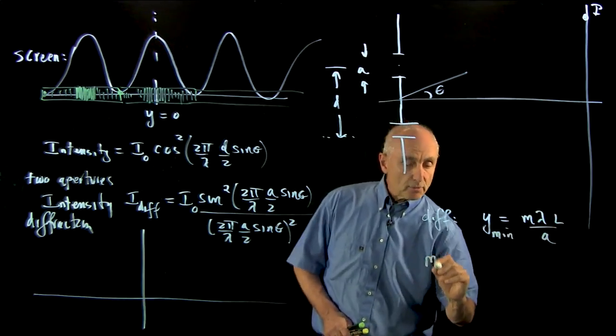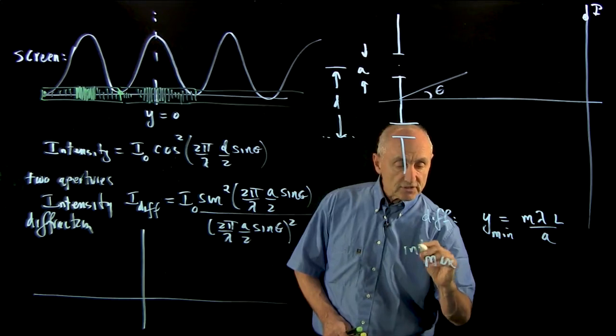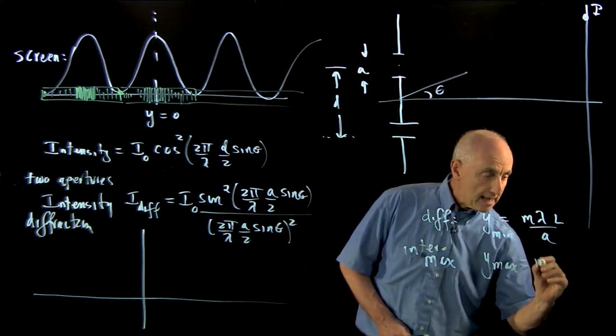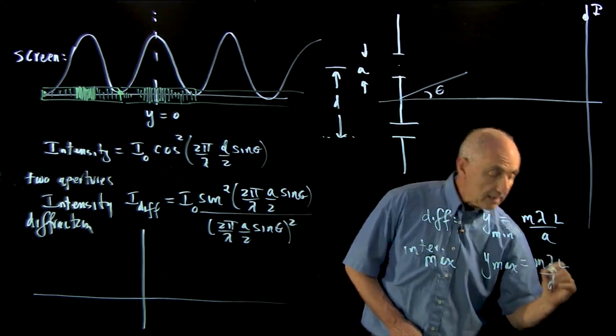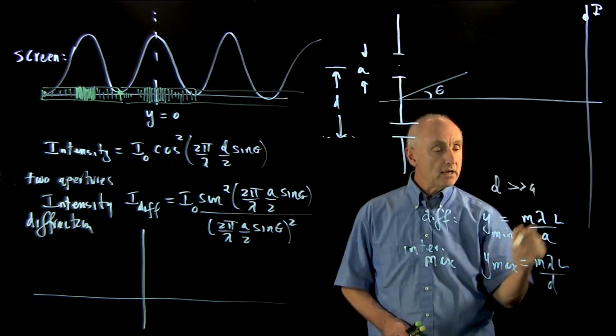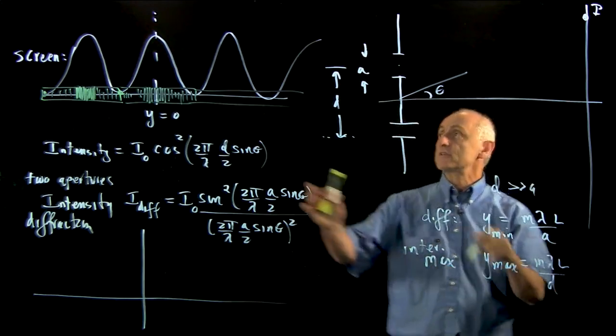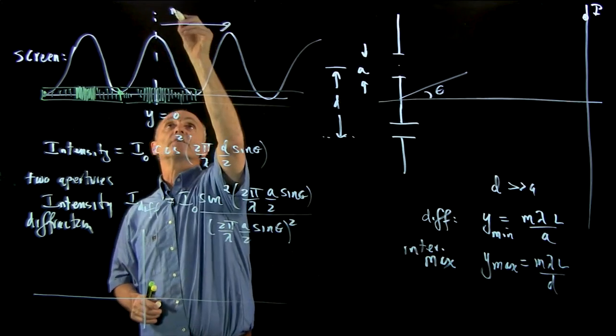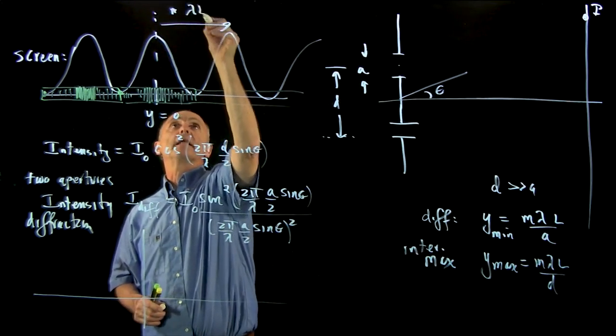And the maximum from the interference was y max equals m lambda L over d. And d is much bigger than a. So the interference maximum, we could call this on the screen the distance where m is 1, so that would be lambda L over d.